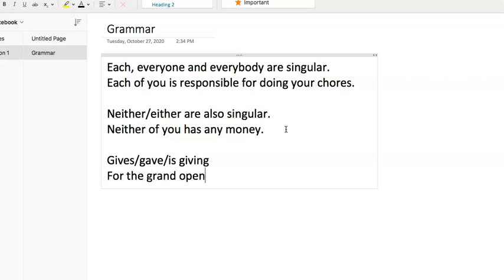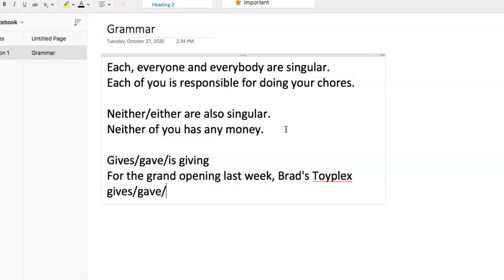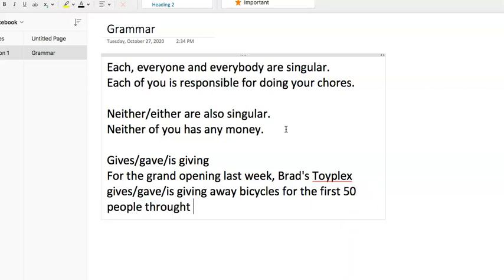For the grand opening last week, Brad's Toyplex gives, gave, is giving. Which one is correct? Bicycles for the first 50 people through the door. Okay. For the grand opening last week.